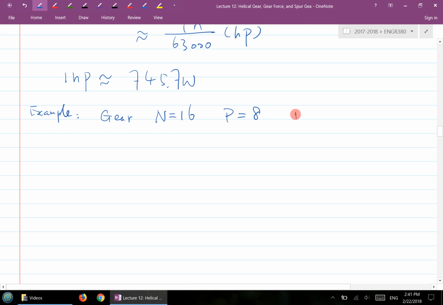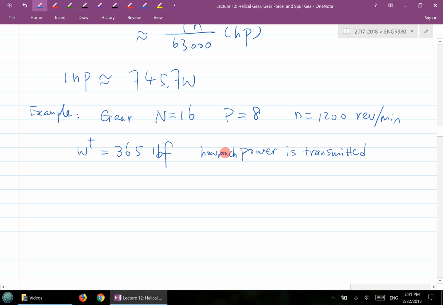The gear is spinning at 1200 revolutions per minute, and the transmitted load for the gear is 365 pound force. We want to calculate how much power is transmitted.